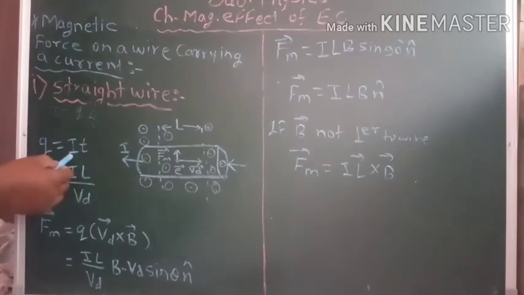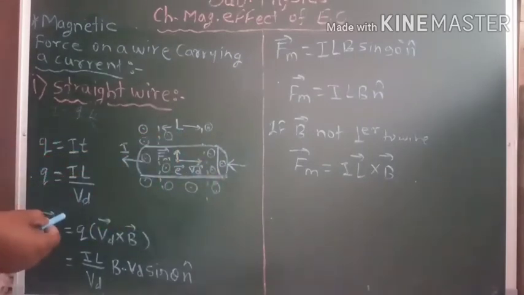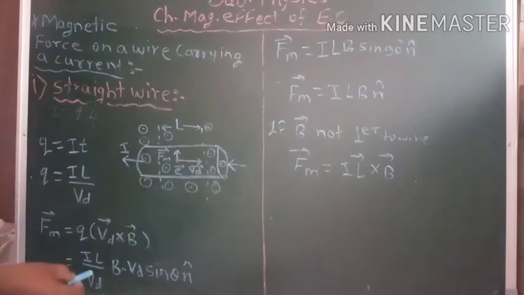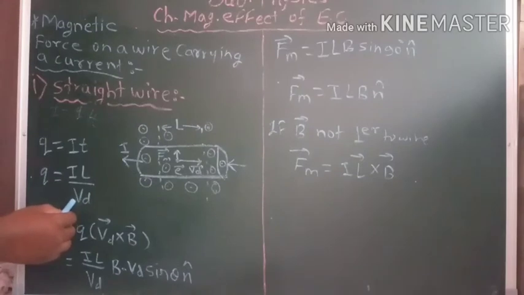Since the current flows through the wire of length L with drift velocity Vd, we can write t equal to L upon Vd, so Q is equal to IL upon Vd.